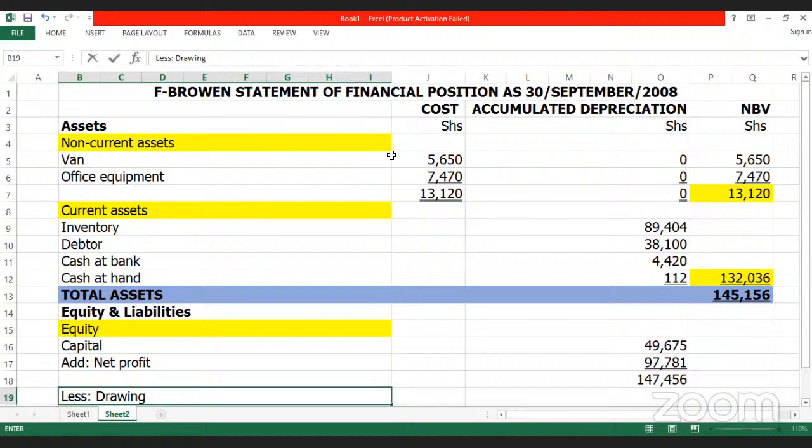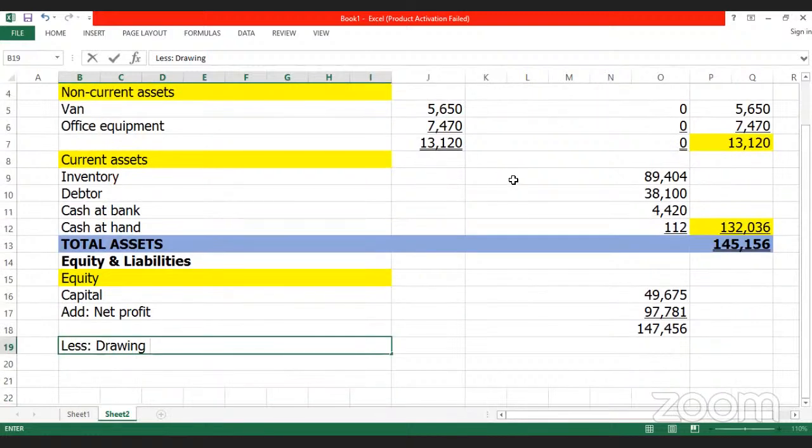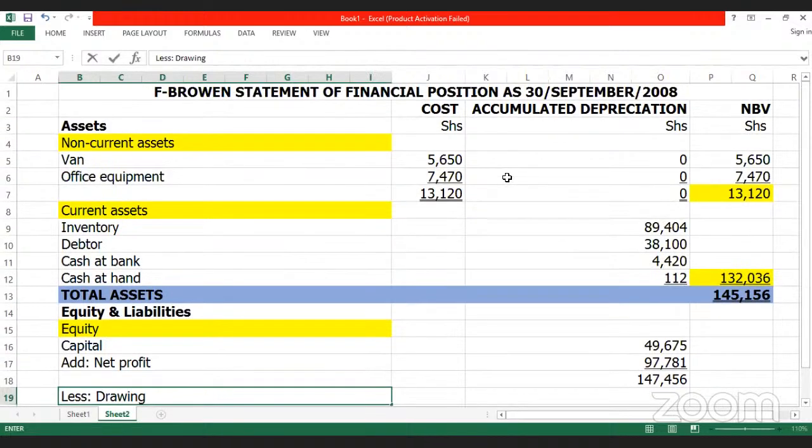The naming of the columns only applies to the non-current assets. For the rest, the column names are not key.